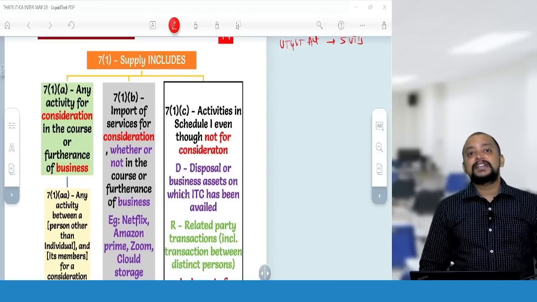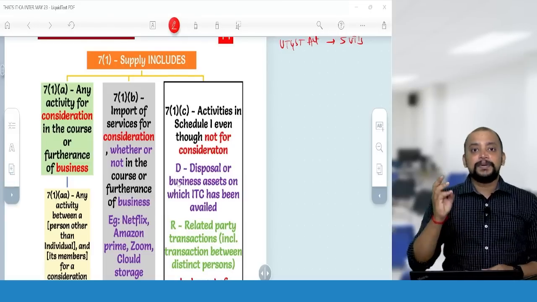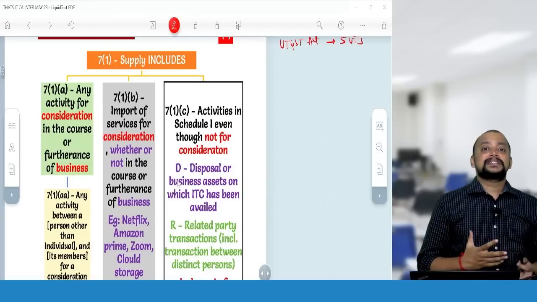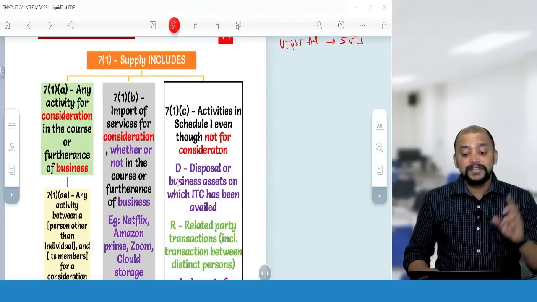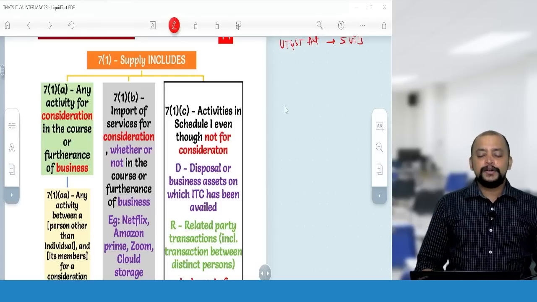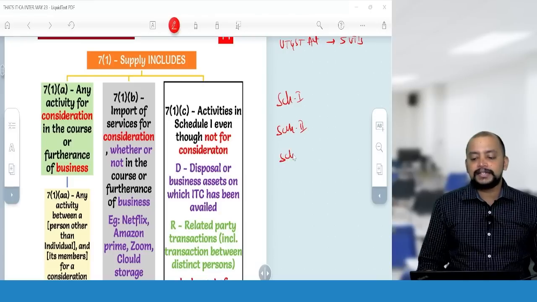Then 7.1c, we have a total of 4 activities in the DRIP. D for disposal of business asset on which ITC is availed. I purchase some business asset and I am disposing of that business asset without consideration. So 7.1c read with schedule 1. There are a total of 3 schedules in the CGST Act: schedule 1, schedule 2 and schedule 3.